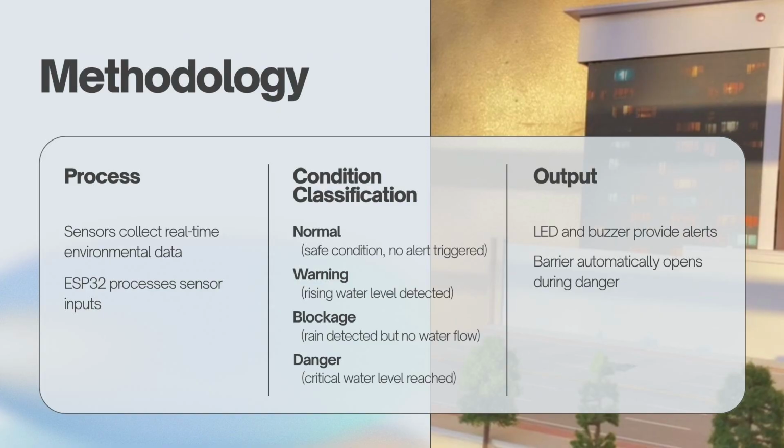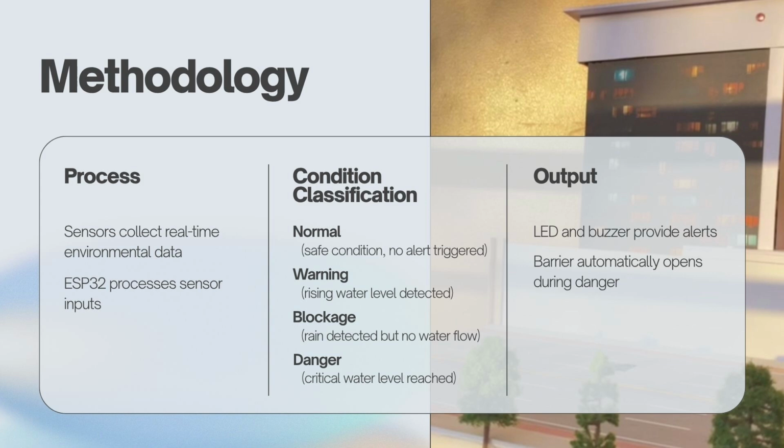To summarize our methodology, AquaShield follows a four-stage process: acquisition, processing, classification, and response. First, the sensors gather raw environmental data. Second, the ESP32 processes and analyzes the sensor inputs.